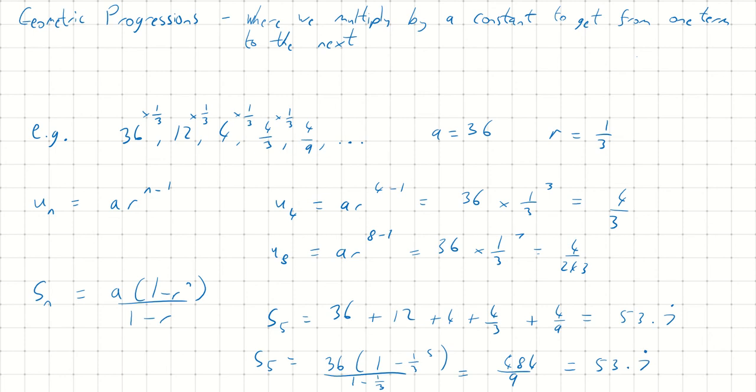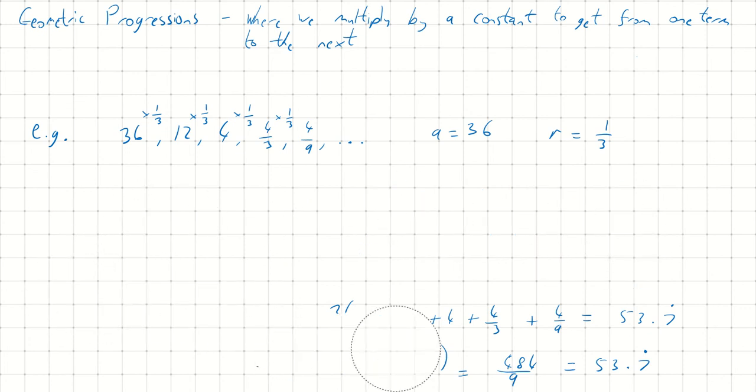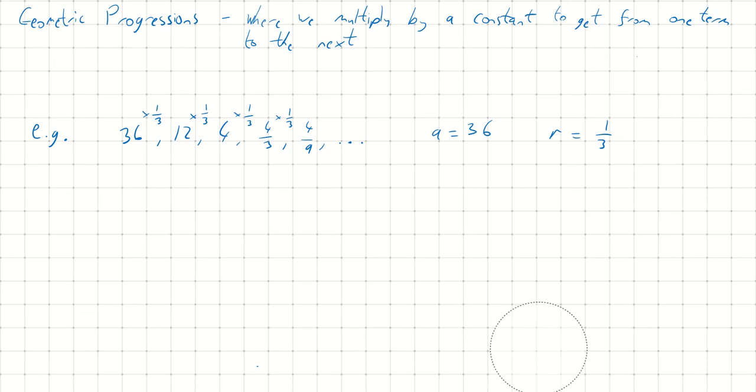Okay, there's one other formula that comes up a lot in geometric progressions, which is called the sum to infinity. So let's just have a look at that quickly. So the sum to infinity is the sum of all of the terms in the sequence.